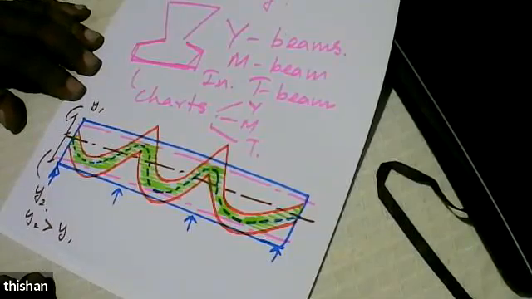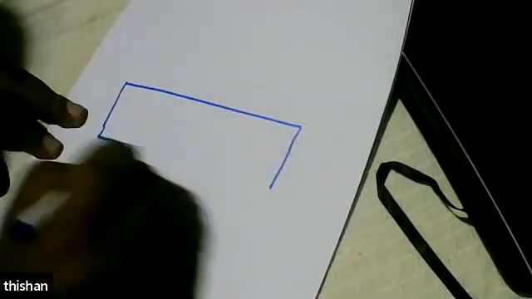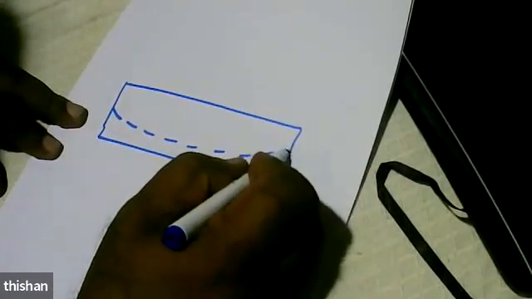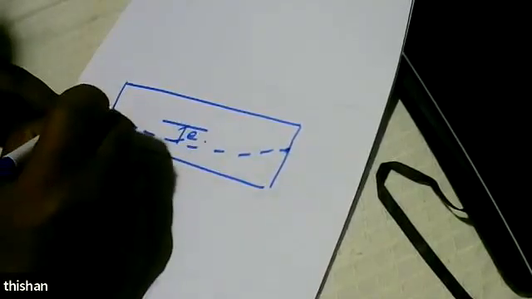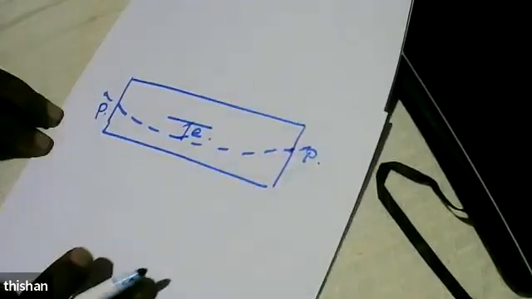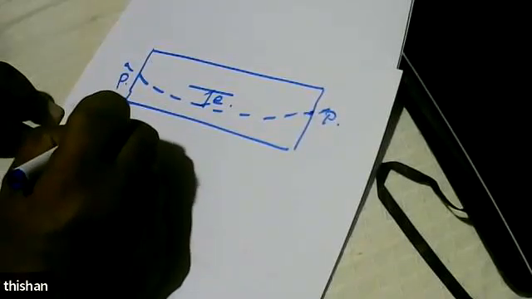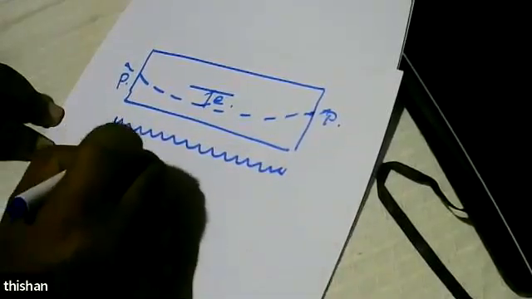We'll assume that. Then if you have a parabolic profile like that, and if this eccentricity is E, the force is P, then we can say this will exert a load, a UDL upwards.